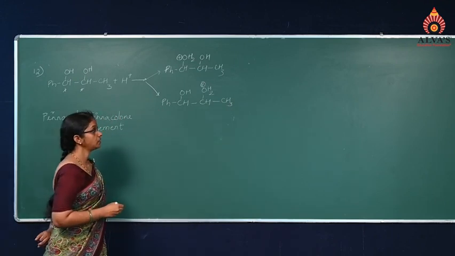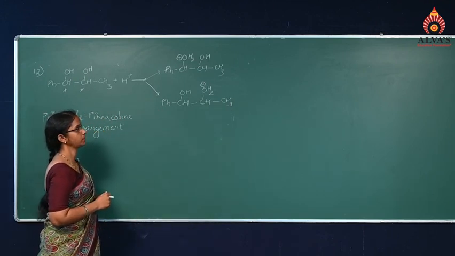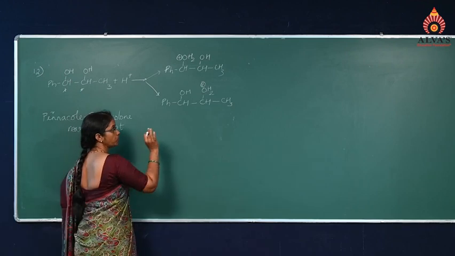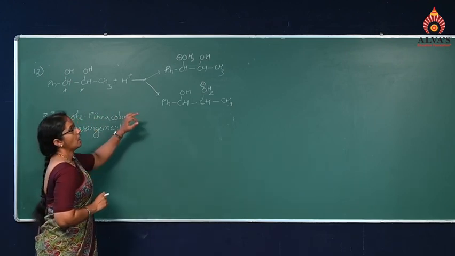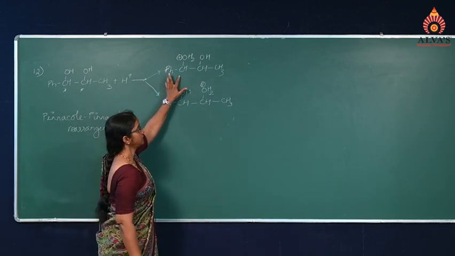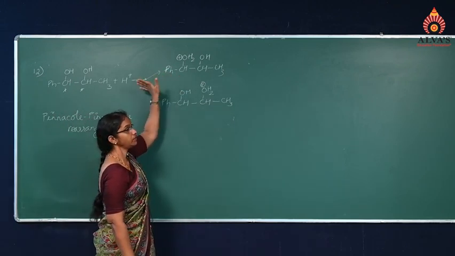Now, when there are 2 chances, remember that protonation will take place on that OH group where the carbon which will form the carbocation will be more stable.